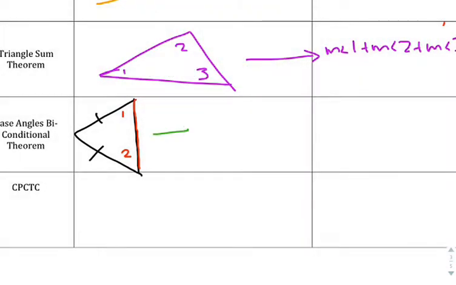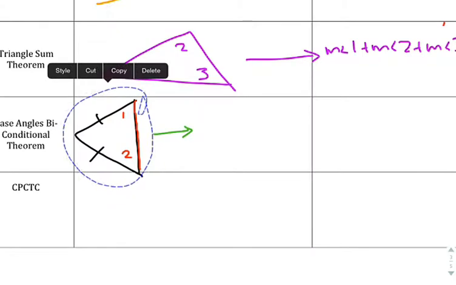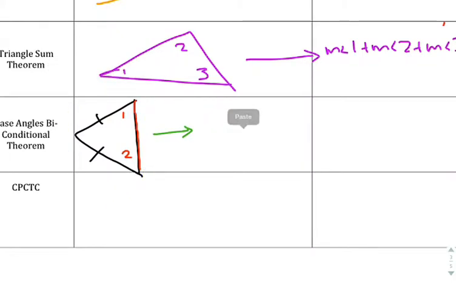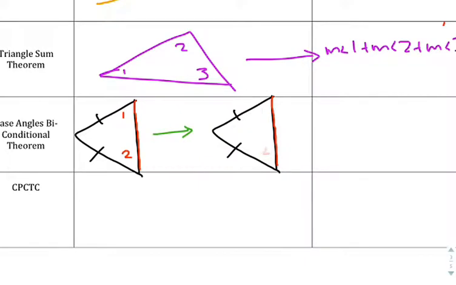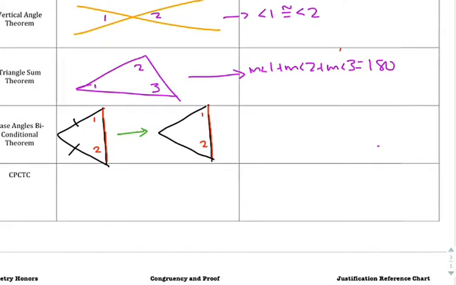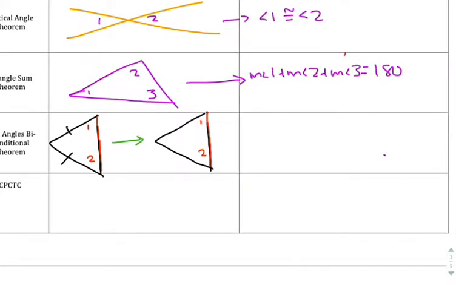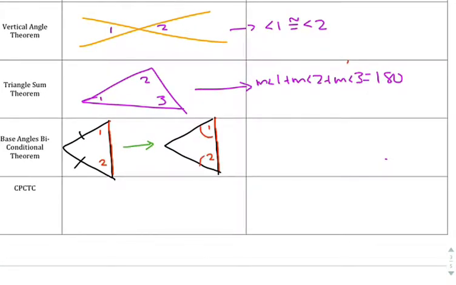So base angles biconditional theorem says, well, if I have this isosceles triangle, that tells me that these two angles are congruent. Okay, so angle 1 is congruent to angle 2, so let's go ahead and mark that.